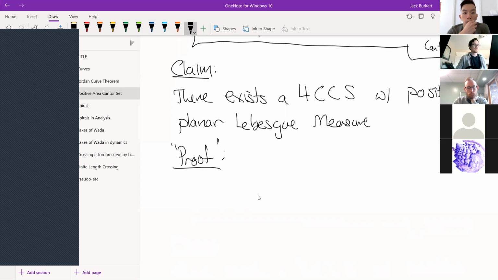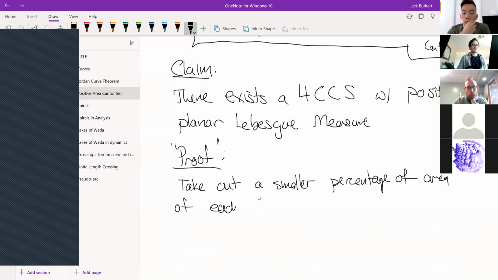So what we want to do is basically take out a smaller percentage of area of each square making up Kn at a time.